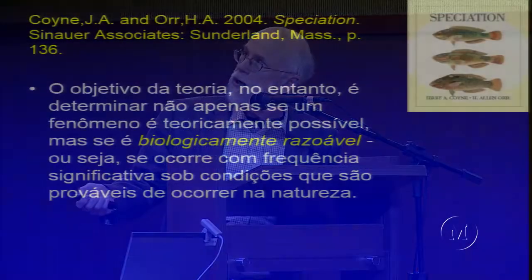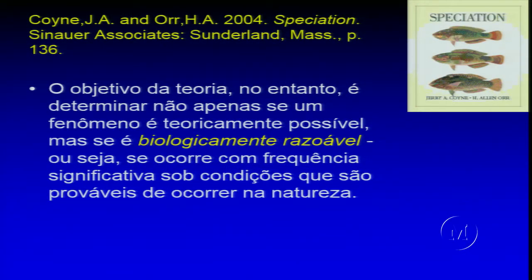Okay, so how does this inform our idea about the limits of Darwin's theory? Well, in a book 12 or so years ago, the intelligent design proponent Jerry Coyne, that's a joke.